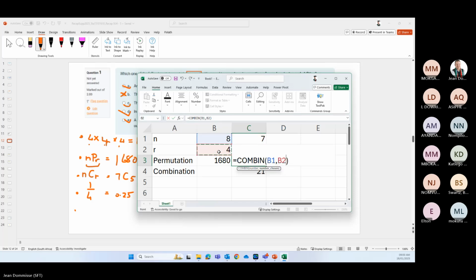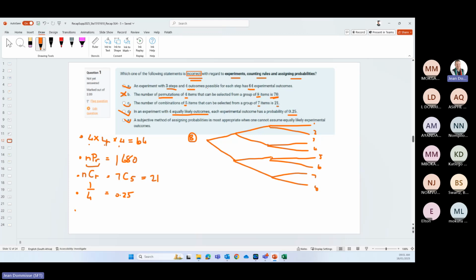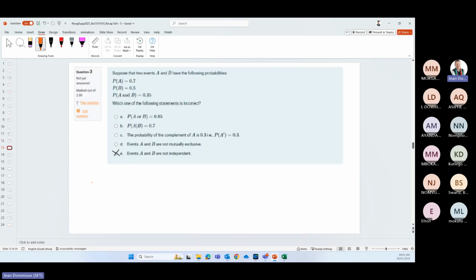So if you did a combination on option B instead of permutation, you would have gotten the 70. So also just be careful when you do permutations and combinations. They might just swap the numbers around, but you can still get the number and think you are correct. Okay, so let's again look at probabilities.